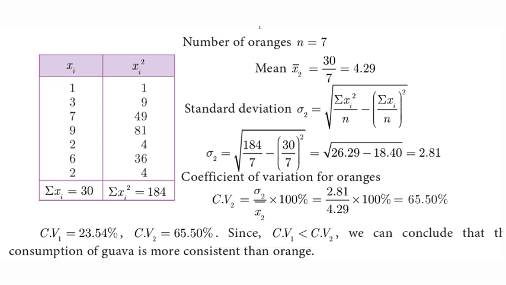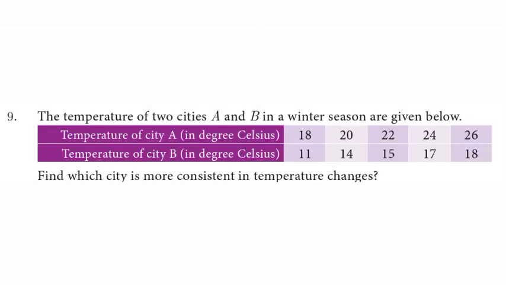Can you understand? Okay. Now I will give one homework sum, exercise 8.2, 9th sum. This is a model of example 8.7. The question is, the temperature of two cities A and B in a winter season are given below.